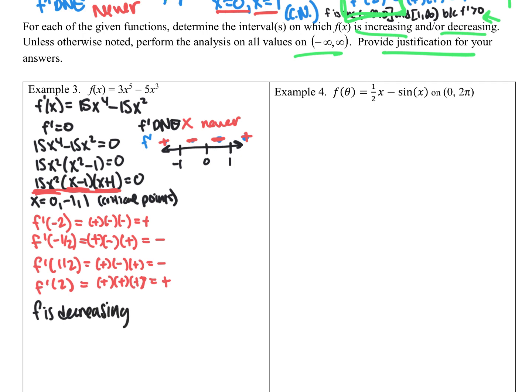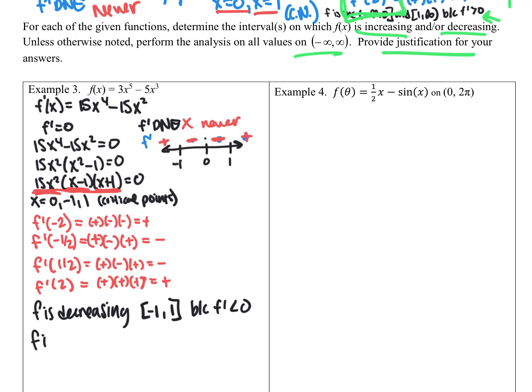And it'll be decreasing all the way from negative 1 to 1, even though it hits 0 at this moment right here. F is defined at that point, so the function goes right through that point, and so we don't need to break it up. In fact, we don't want to break it up because f prime is less than 0. Technically, we would say between negative 1 and 0 and 0 and 1, but we can just say that.